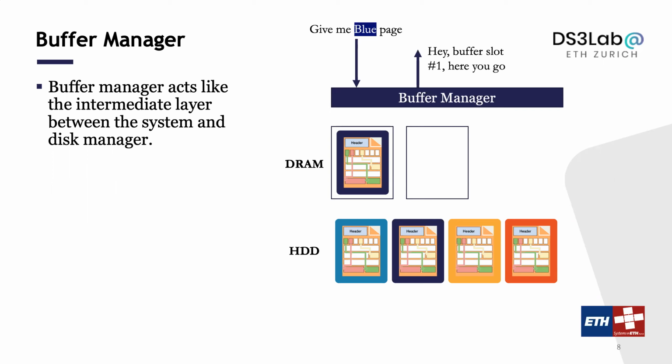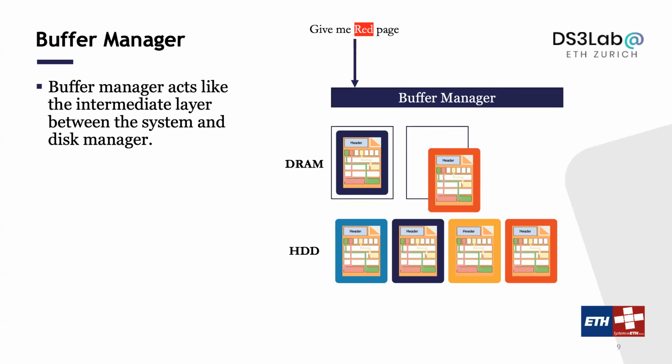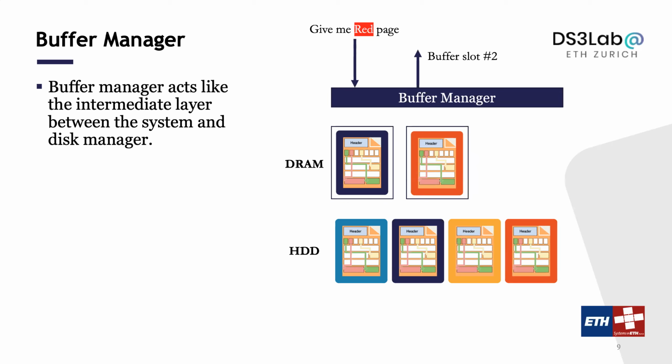You can do whatever you want with it. And then the upper layer could send another request. For example, it will say, okay, now I need the red page. Again, the buffer manager is going to check whether the red page is in the buffer or not. If it's not in the buffer, it's going to fetch it from the hard drive and then tell the upper layer the slot ID of the red page.